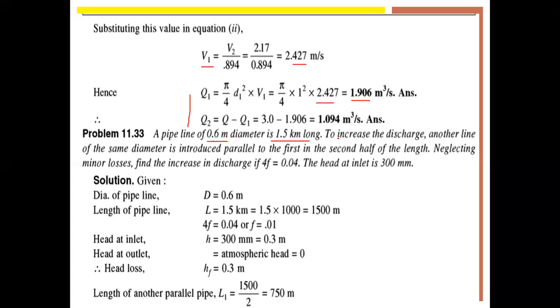Now to increase the discharge, another line of the same diameter is introduced parallel to the first pipe in the second half of the length. So what is the condition here?